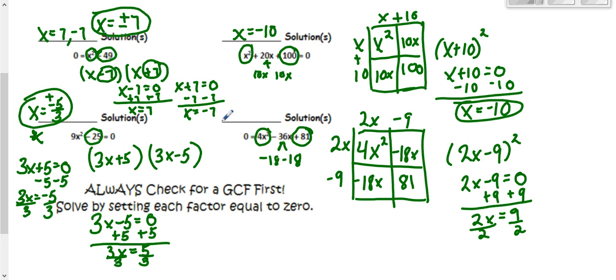So my solution is 9 halves, or this one's an easy one to write as a decimal, 4.5. So x equals 4.5. So this is how we factor our special cases, or how we solve quadratics using our special factors.